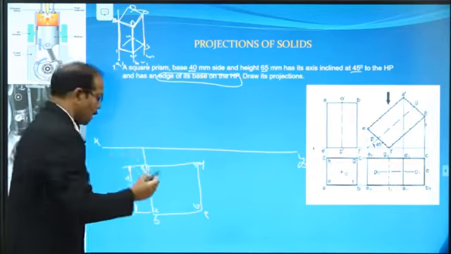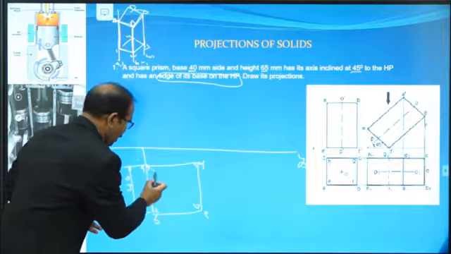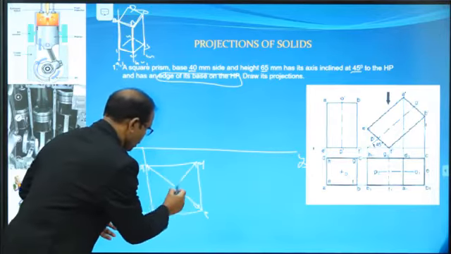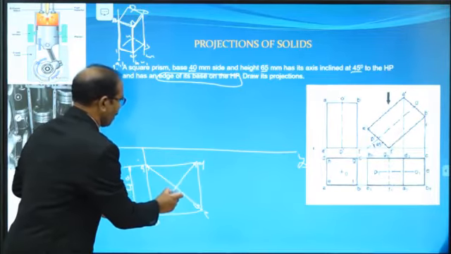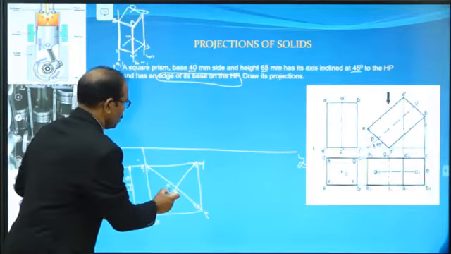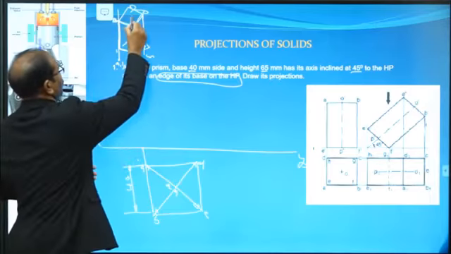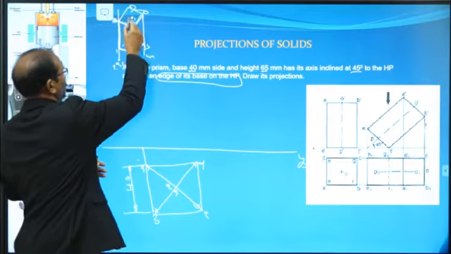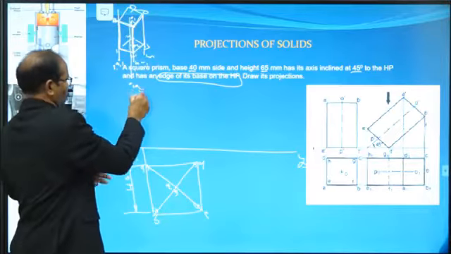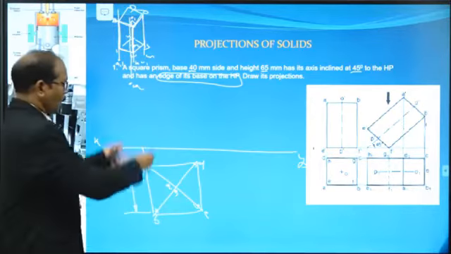With the H pencil, simply draw diagonal lines. This is the center, O1, O2. While projecting these two, O1 and O2 are similar.